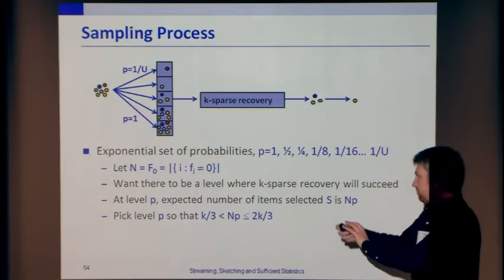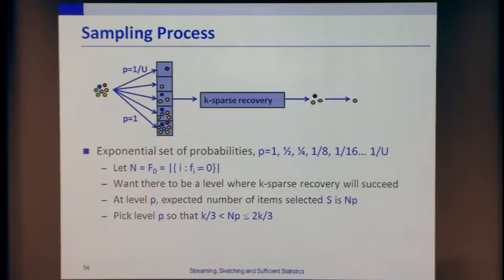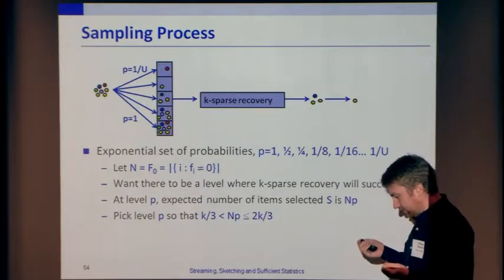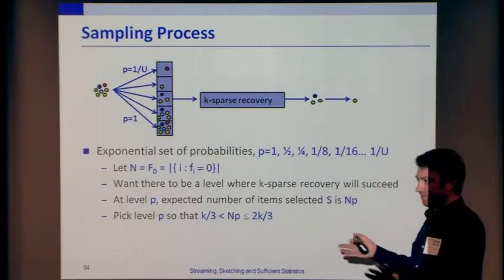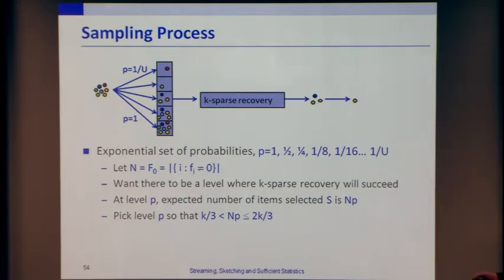So think of this sampling process as basically giving me a mask over the indices of this vector. So when I sample with probability p over this vector, it's as if I'm masking out a 1 minus p fraction of the entries in this vector and just ignoring them, treating them as if they're 0, and only looking at what gets through that mask.